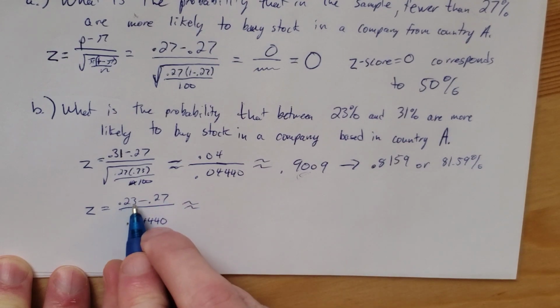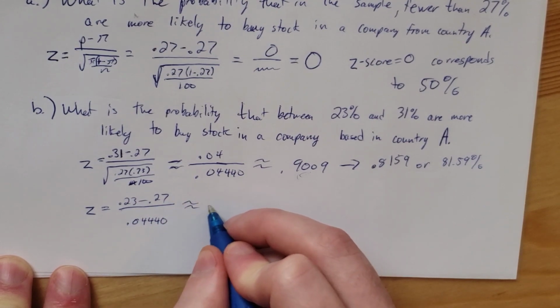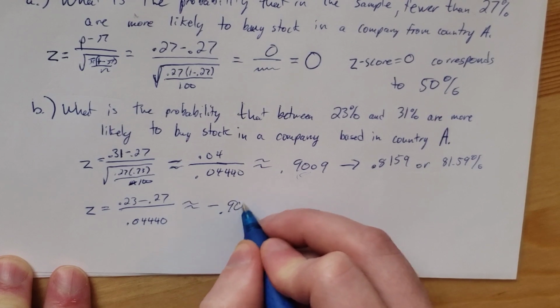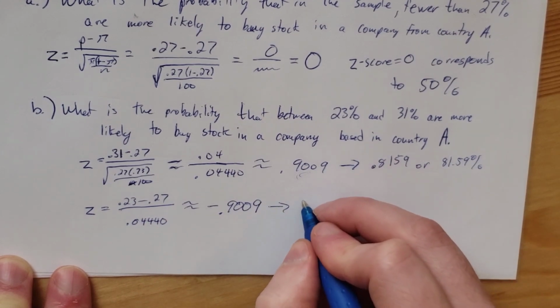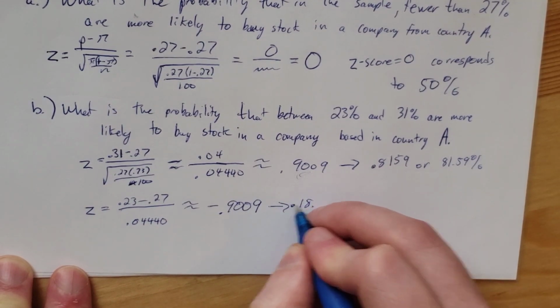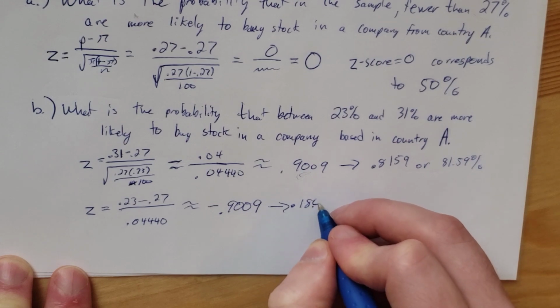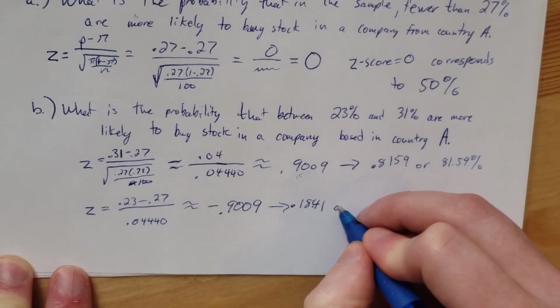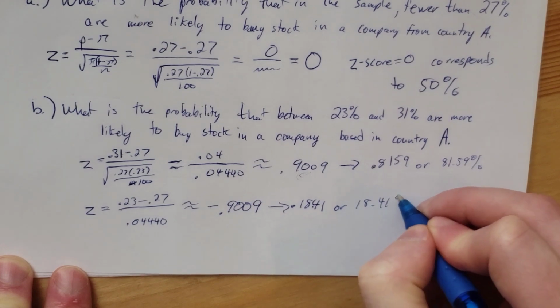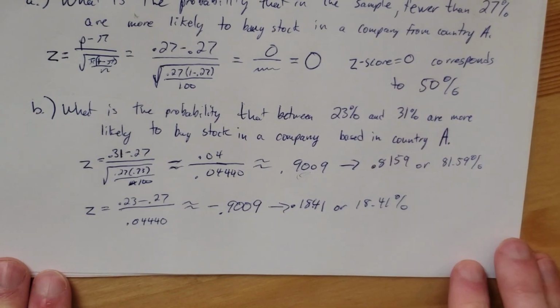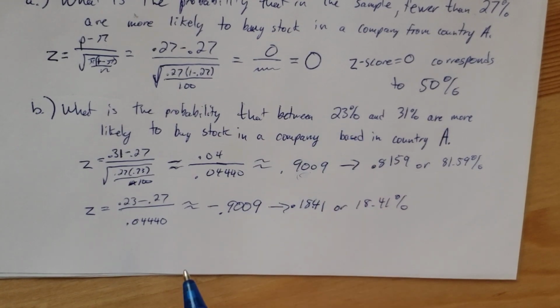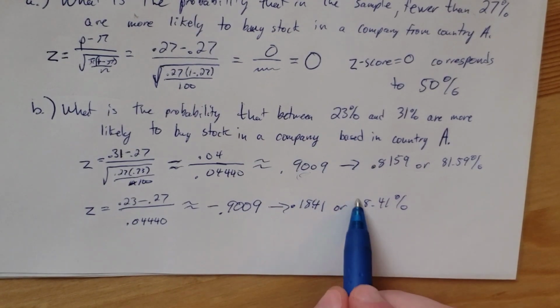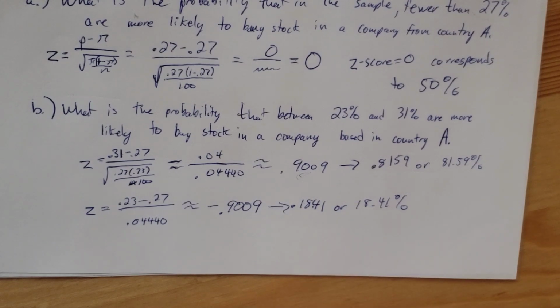Well, this is negative 0.04 over this. So that's actually negative of our previous value. We look at our table with this z-score, and that corresponds to 0.1841 or 18.41%. So the probability that we have lower than 23% is 18.41%.